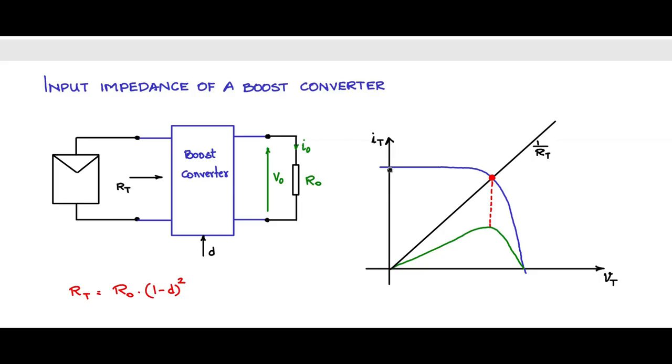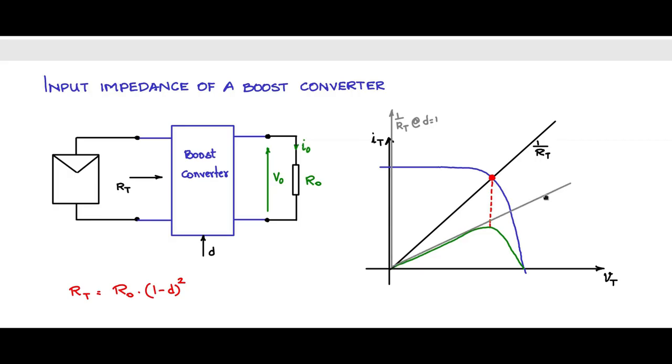Whatever may be the value of R0, the load line presented to the PV panel is a vertical line, virtually a short circuit. So let me indicate that. This is RT, and this occurs at D equal to 1.